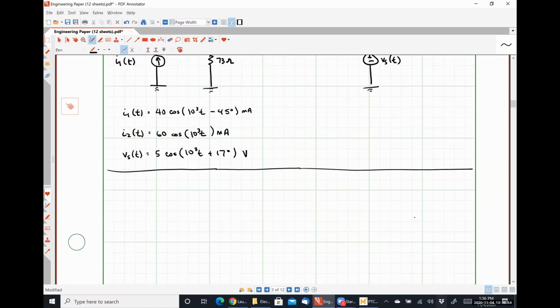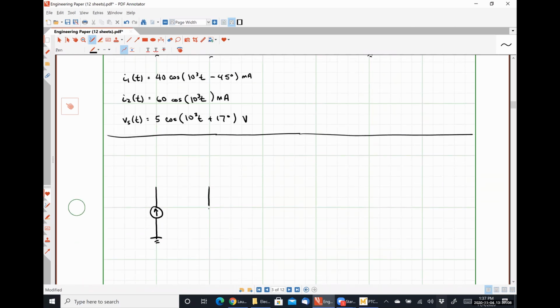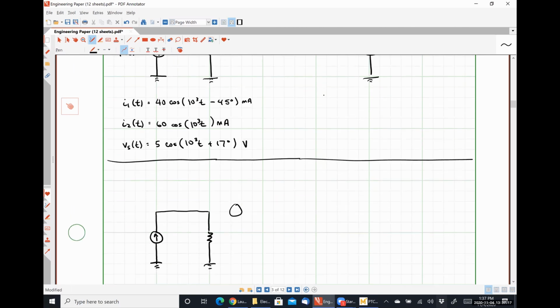So let's redraw this circuit real quick. This current source was directed to the left.